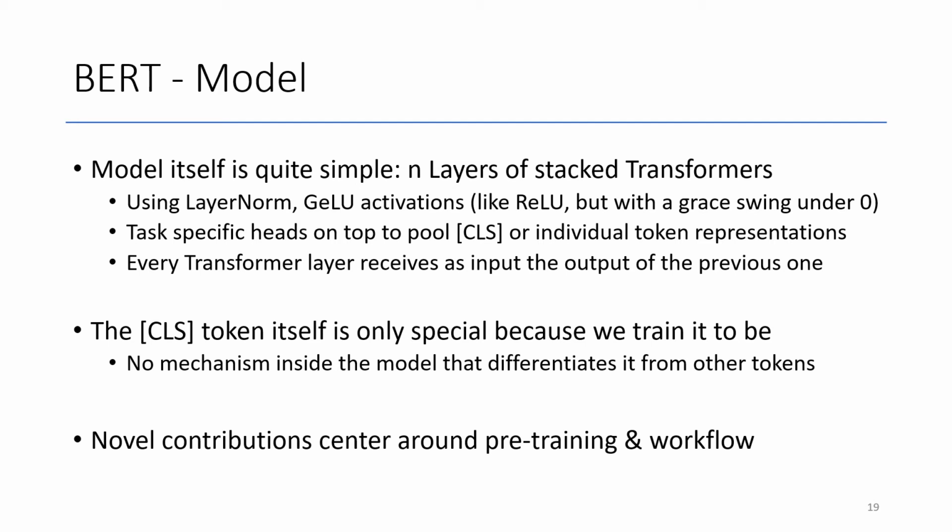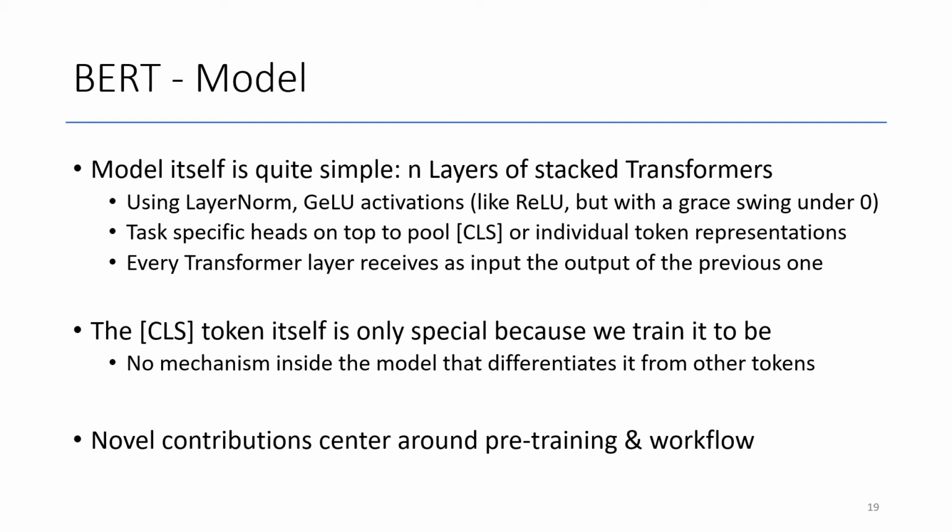BERT uses so-called task-specific heads on top of the stacked transformers to pool the CLS or individual token representations. And this pooling most of the time means we have a single linear layer that takes in the dimension of the CLS token and outputs a single score or a multi-label score.